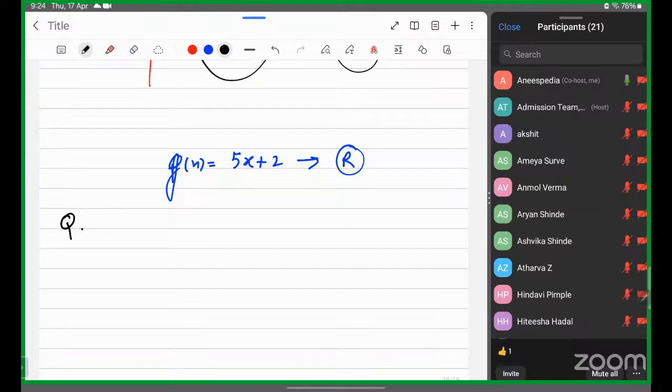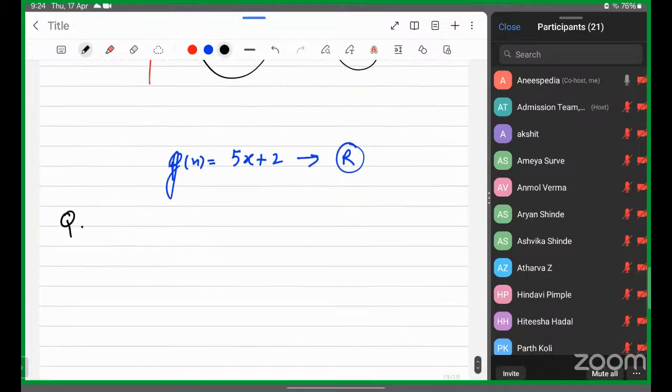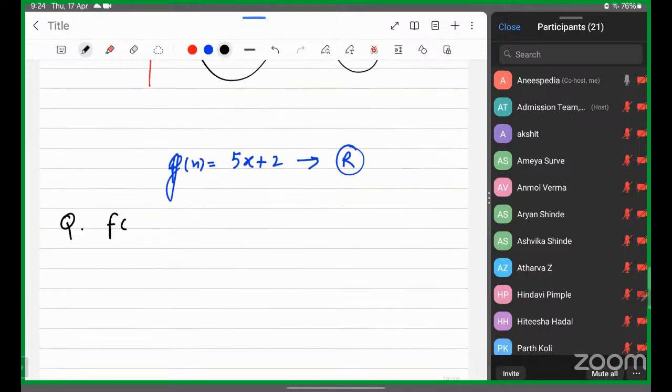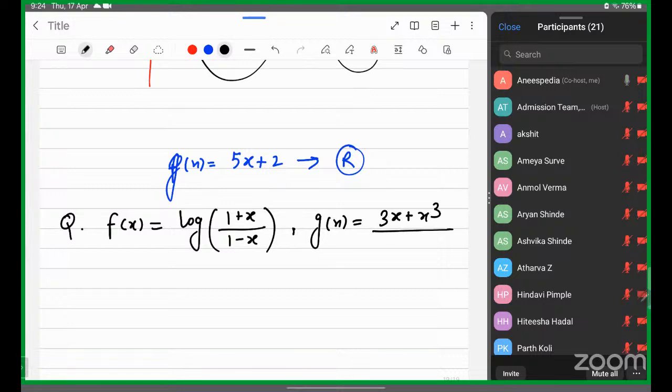Next question is, f of x is equals to log of (1 plus x) upon (1 minus x), and g of x is (3x plus x cube) divided by (1 plus 3x square).